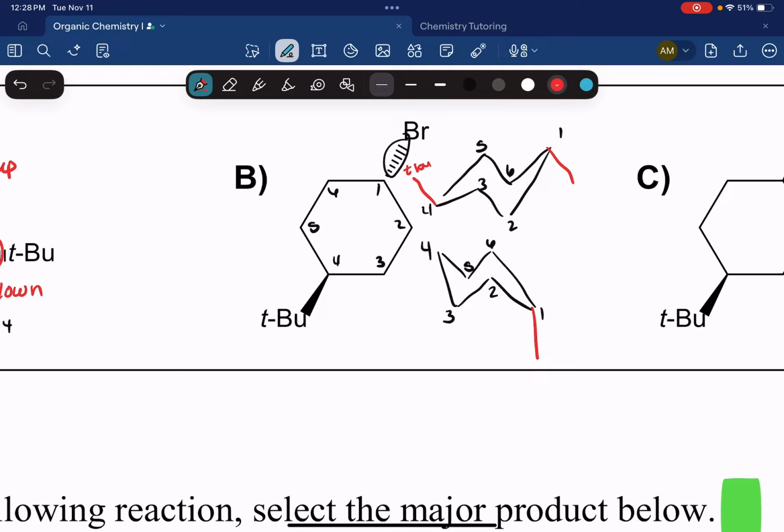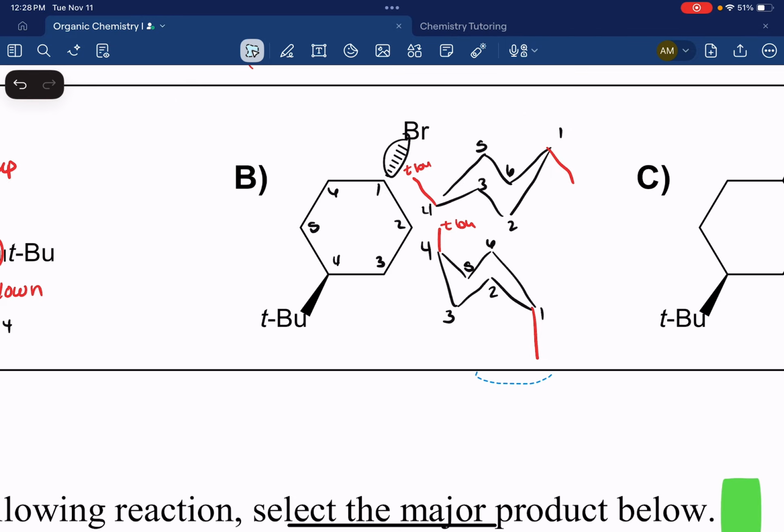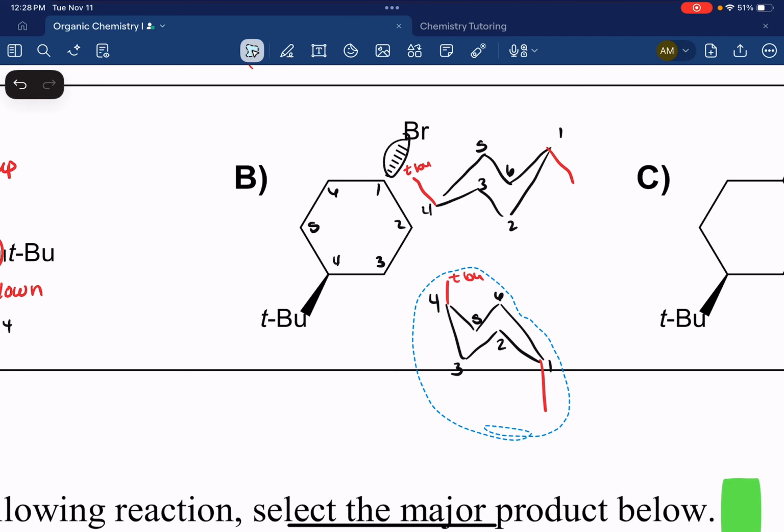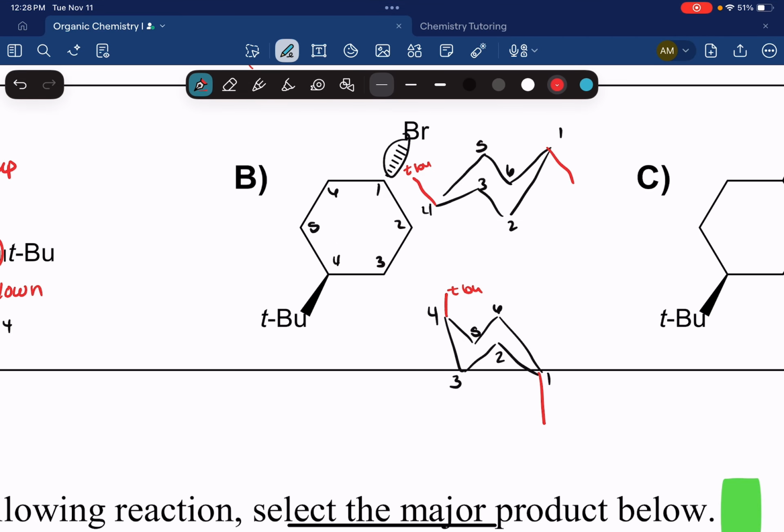So our tert-butyl's up. 4, up, tert-butyl. So on this ring structure, I'm going to spread them out a little bit. Right? This ring structure, not very stable, right? We've got our largest substituent and it's axial. It's not very stable. And our bromine is still axial.